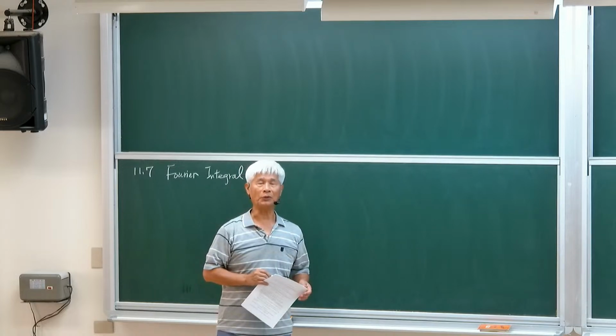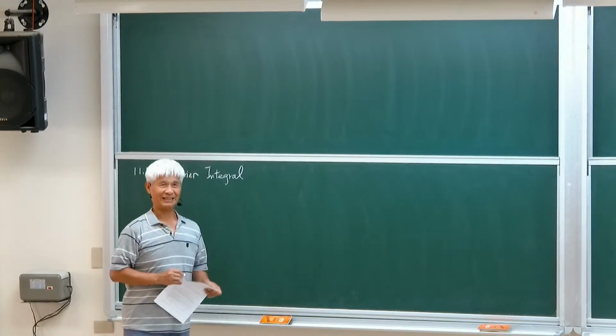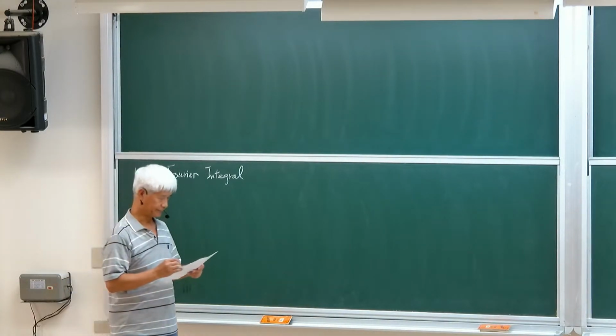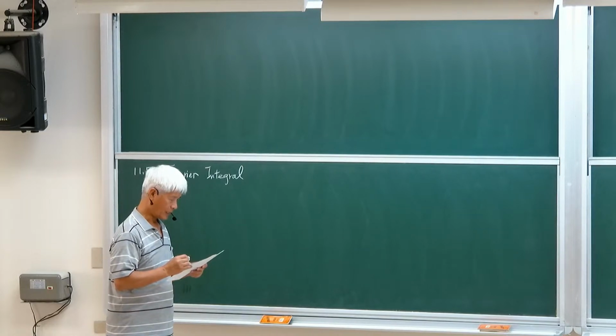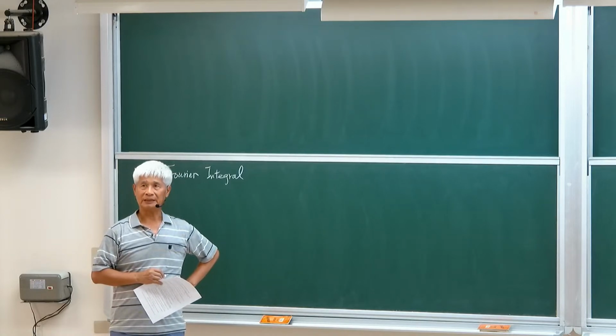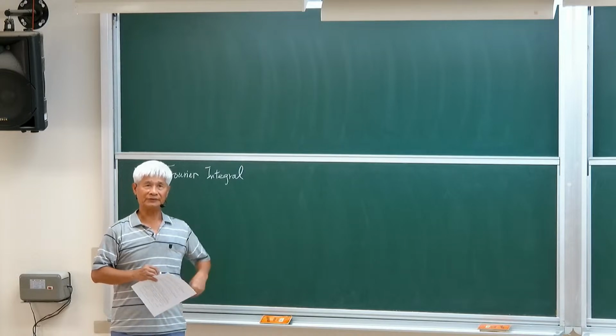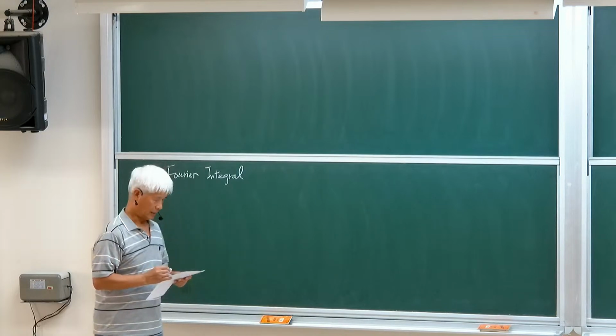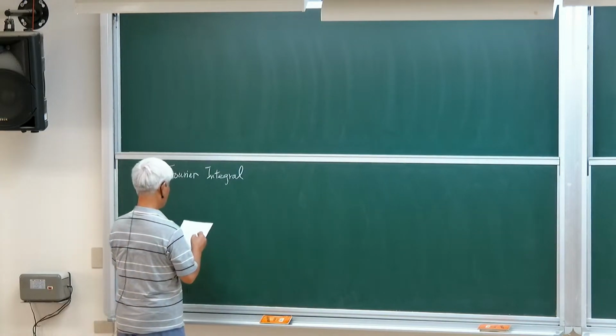We also answered questions like convergence problems and the representation problem. Today we will develop a method to represent a function defined on the whole real line. It will be called the Fourier integral.